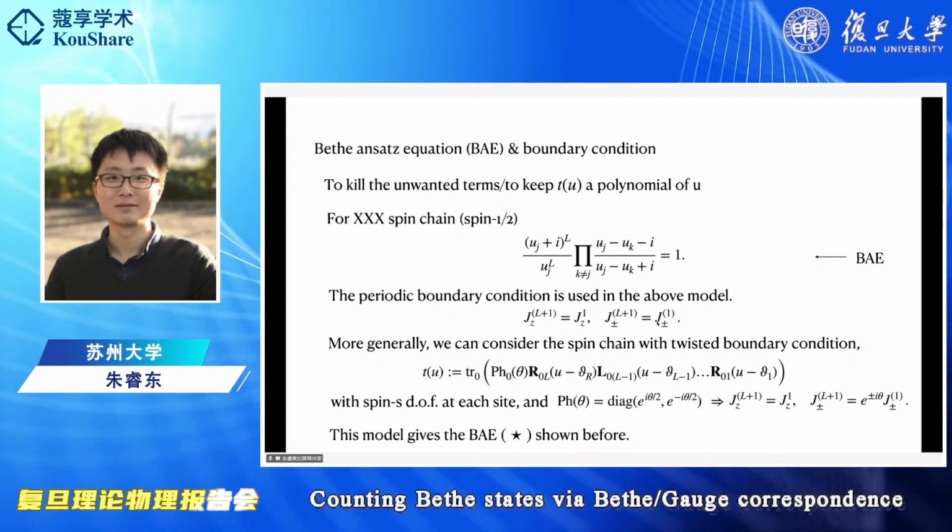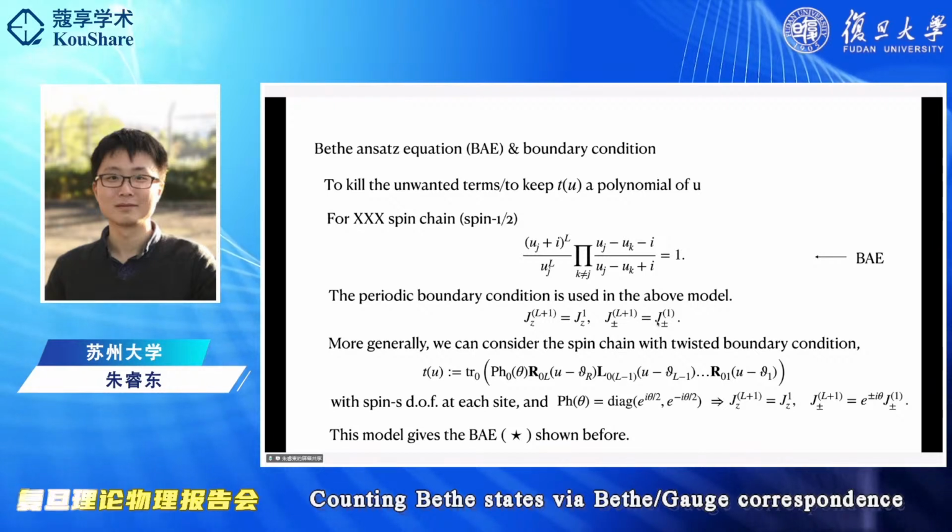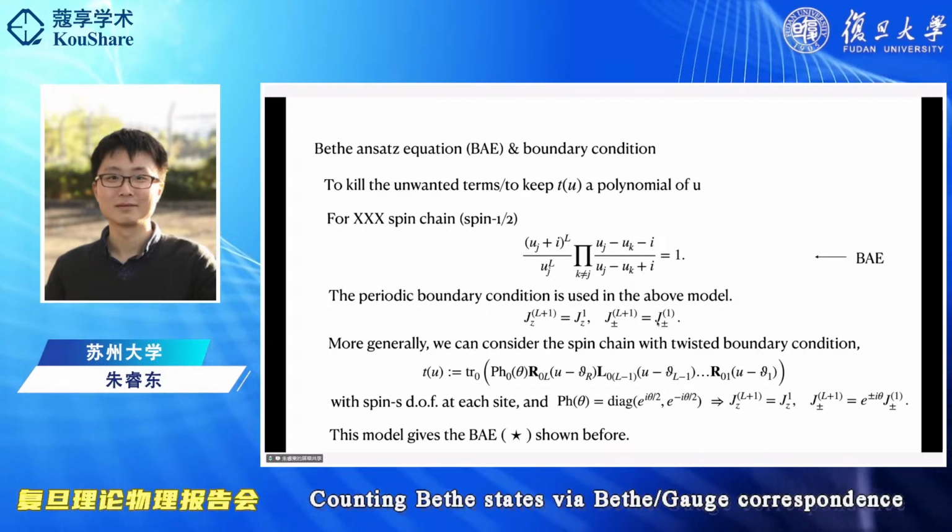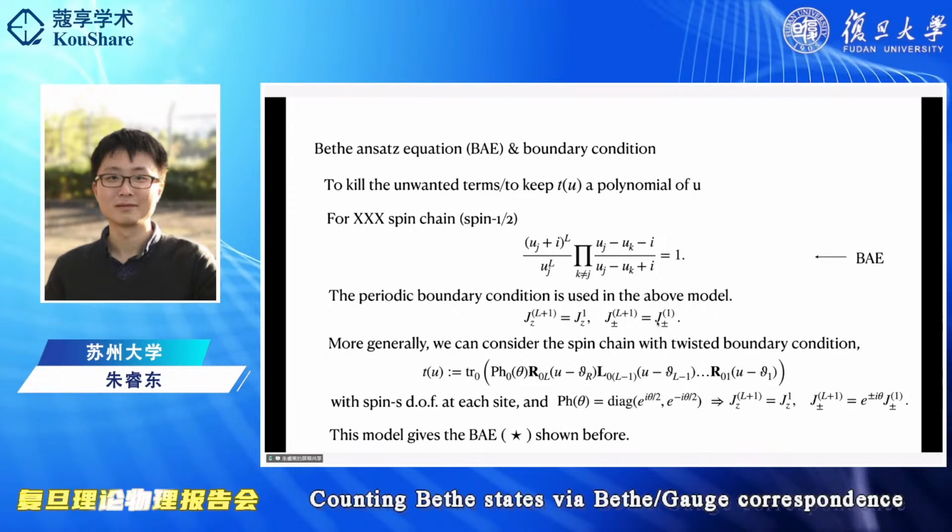This will give us the Bethe equation, which is what we had before. In this way, we can see that this Bethe equation looks very similar to what we had before in the supersymmetric vacuum.